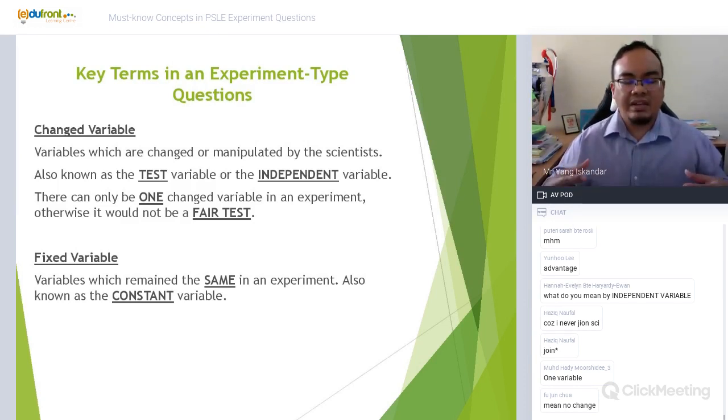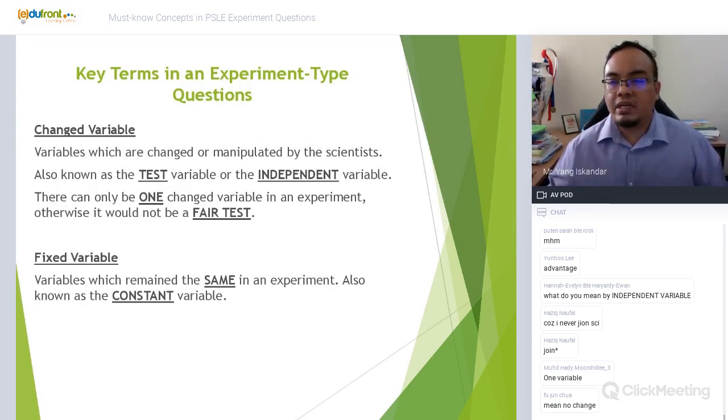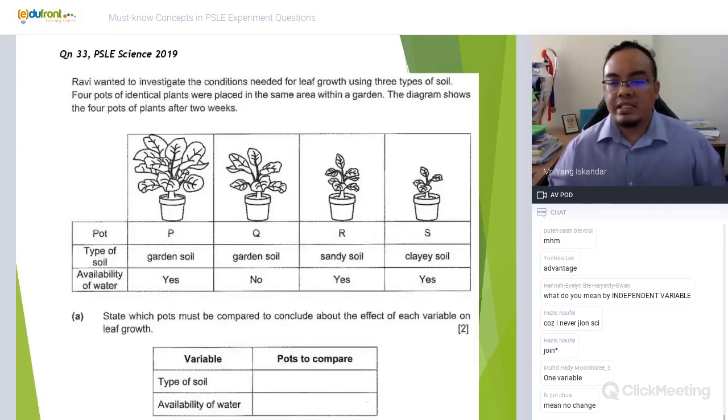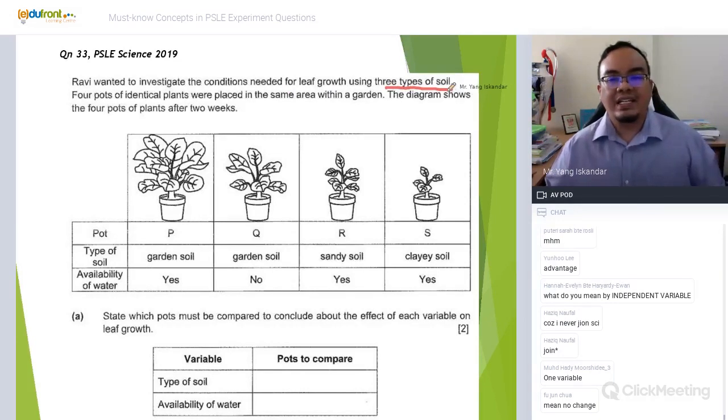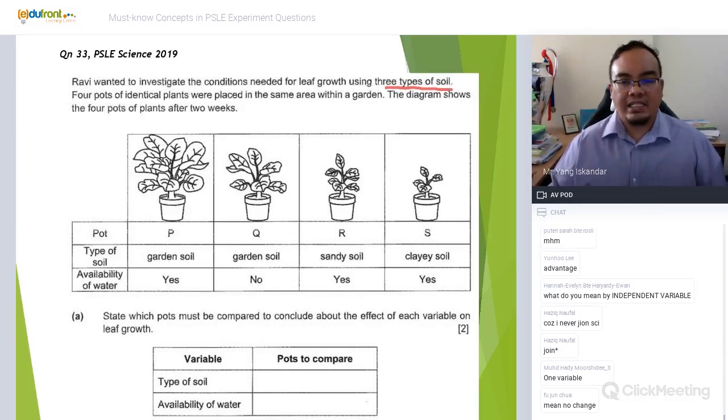These different types of soil are called the change variable or the test variable, meaning what you want to test in the experiment. Let me go back to the question just now. You can see here the test variable or the change variable will be the types of soil. So this is what you want to test.